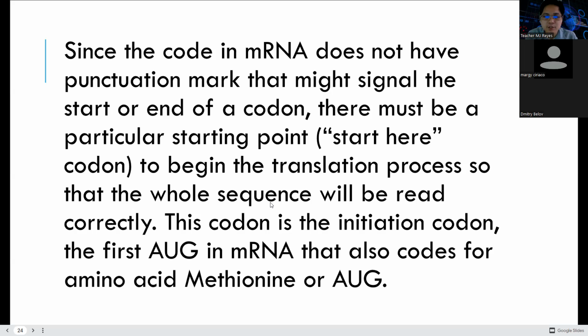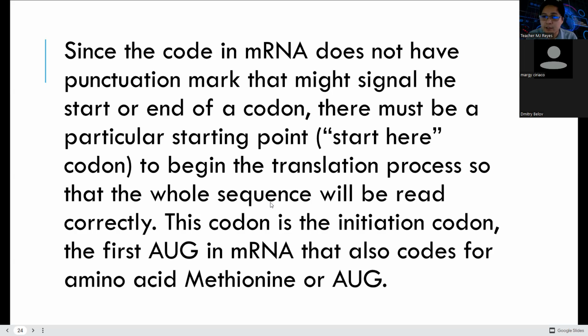This set of three bases has its own what? Has its own amino acid. Okay, methionine is one of them. Methionine is the initiation codon. This is the start codon.